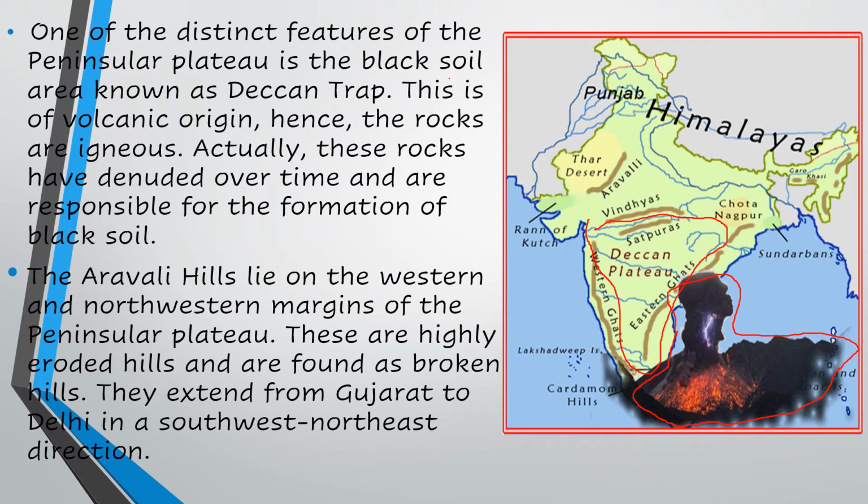The Aravalli Hills lie on the western and the northwestern margins of the peninsular plateau. As you can see over here, the Aravalli Hills lie on the western and the northwestern margins of the peninsular plateau, because we have learned Thar Desert is the extension of the Central Highlands.